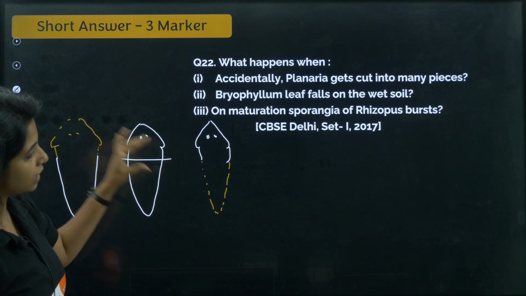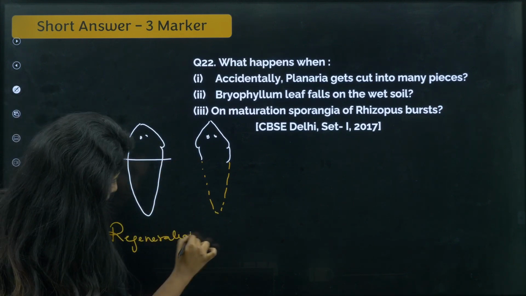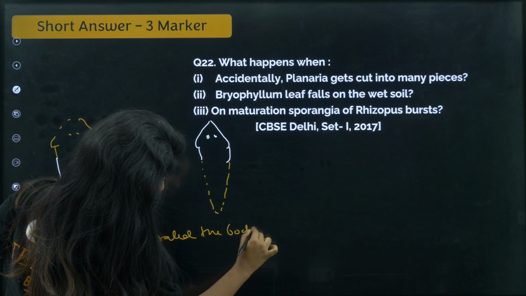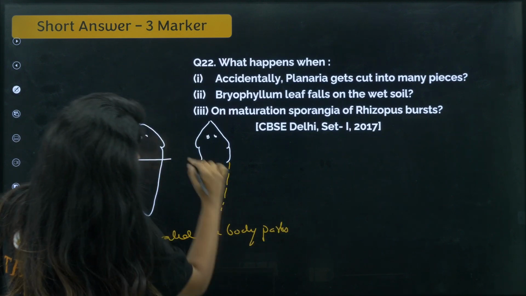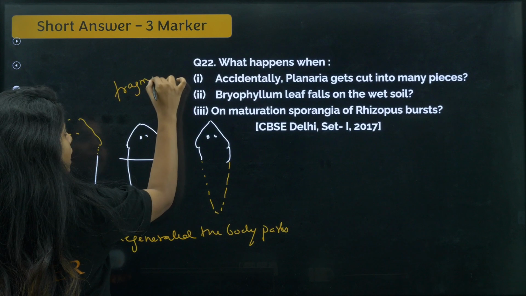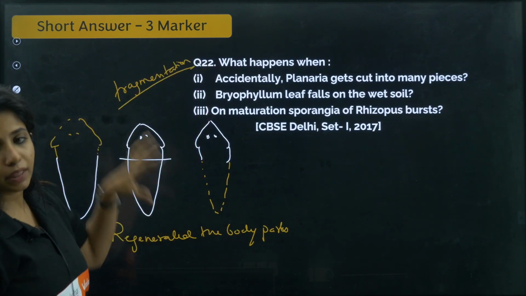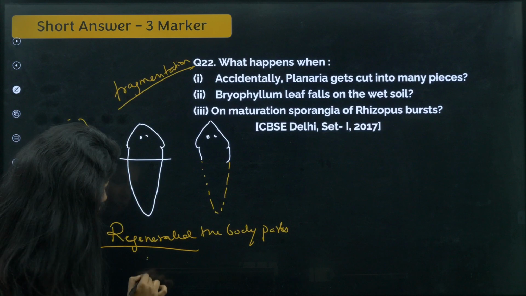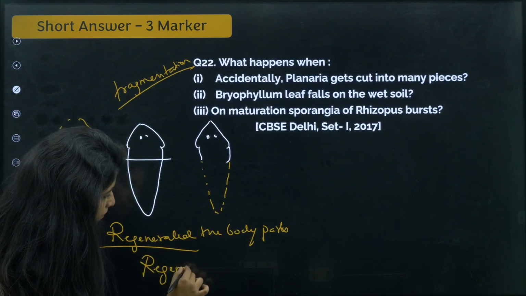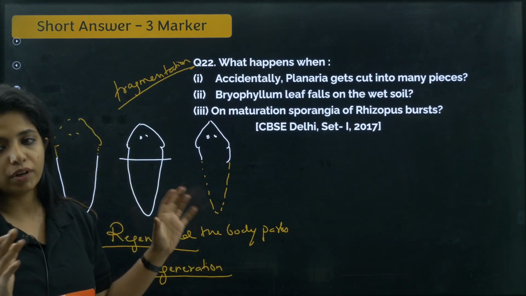So you have basically regenerated the body parts. This method of cutting down things is known as fragmentation. This does not usually naturally happen in the case of planaria. It is usually an accidental procedure, but then your body undergoes something that is known as regeneration, and hence it regains the lost body parts.